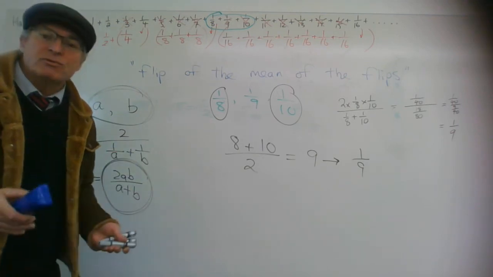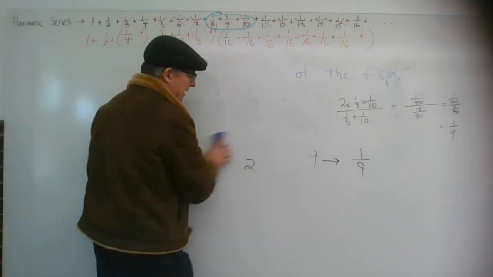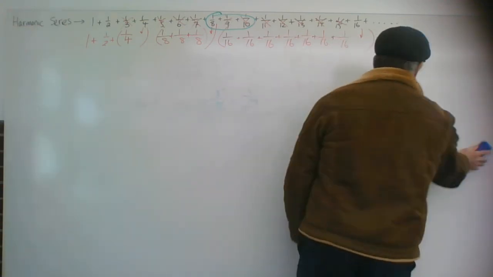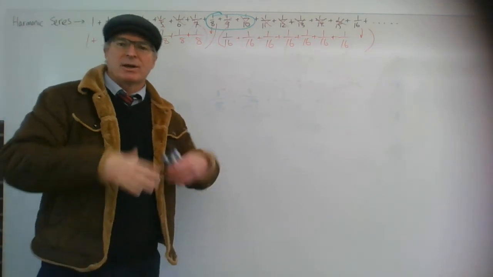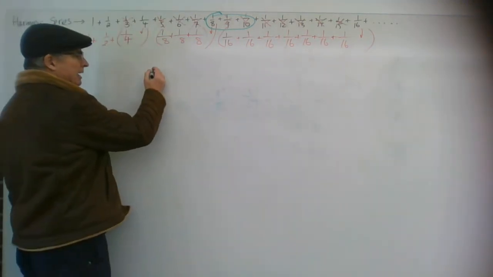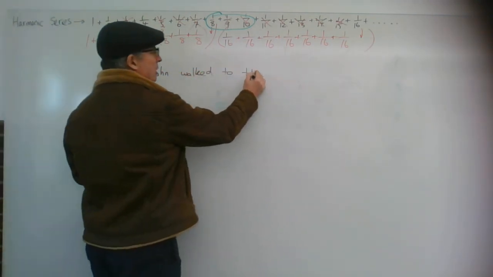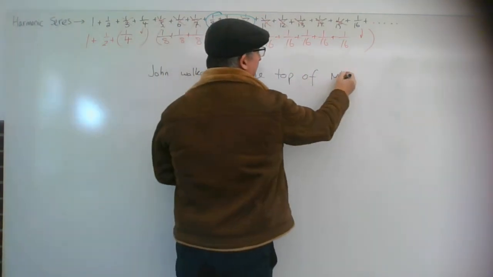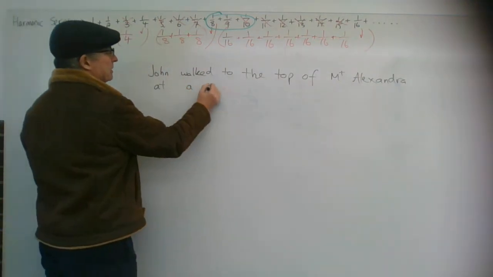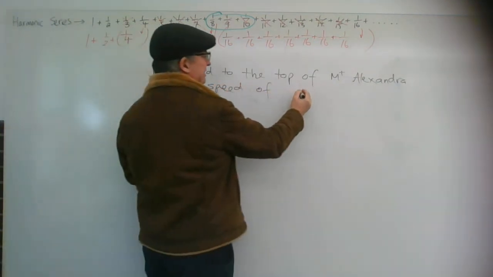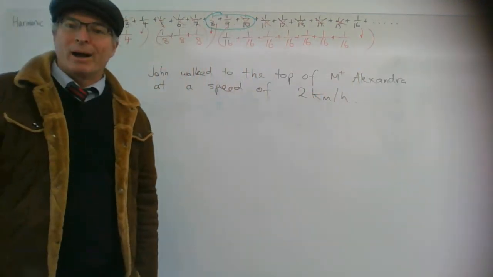What's the harmonic mean useful for? Well, what if we went up to the top of Mount Alexandra from here? It's uphill, so on our way there, we go a bit slower than on the way back. So let's say John walked to the top of Mount Alexandra at a speed of, it's uphill, so let's go at 2 kilometres per hour.